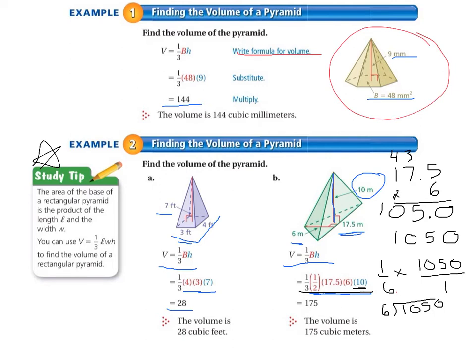And 6 goes into 10 one time. Okay, and I know that 45 minus 42 is 3, and then I bring that 0 down, which will give me 30, so 6 goes into 30 5 times. So 175 cubic meters is our volume.